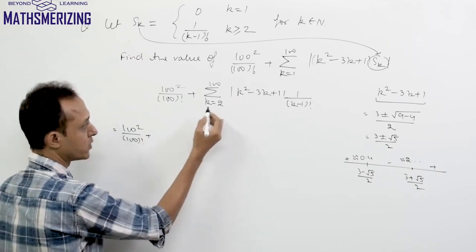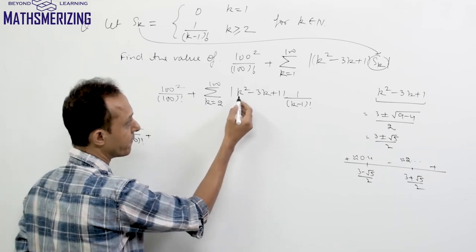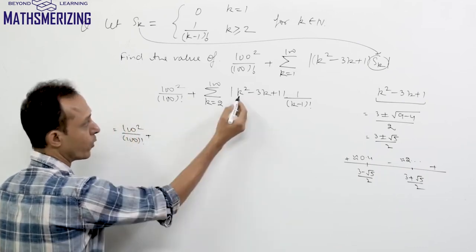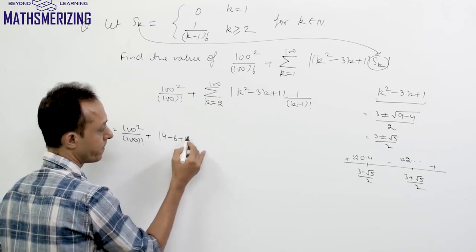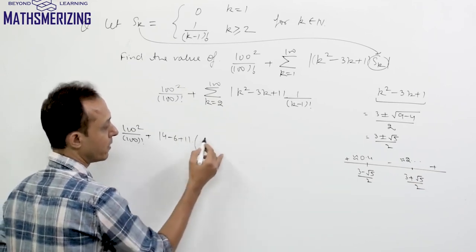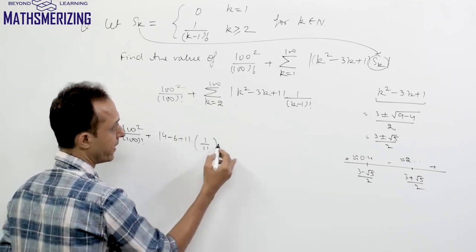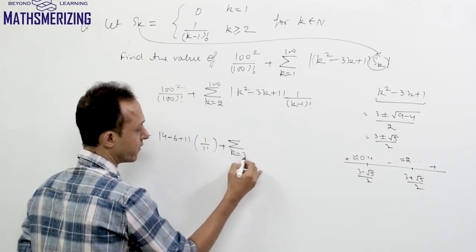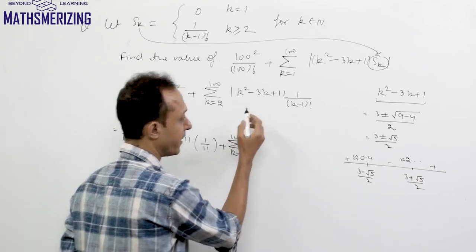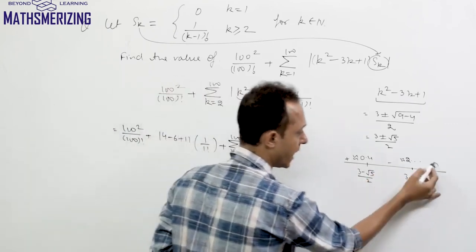Now for the first one, when the value of k is 2, if I put the value of k as 2, I'll get 4 minus 6 plus 1, into 1 upon factorial 1, and then I'll express the rest as a summation. The value of k varies from 3 to 100, and in that case this expression will be positive.